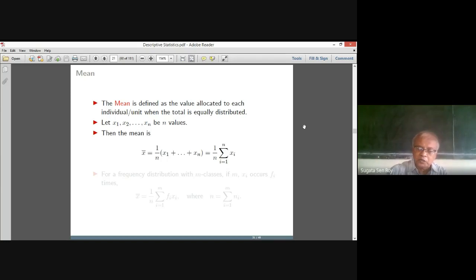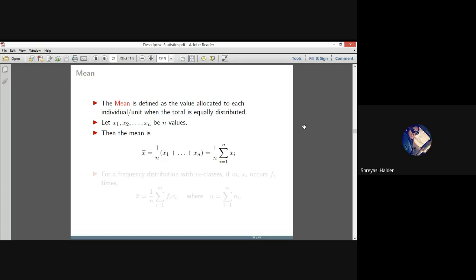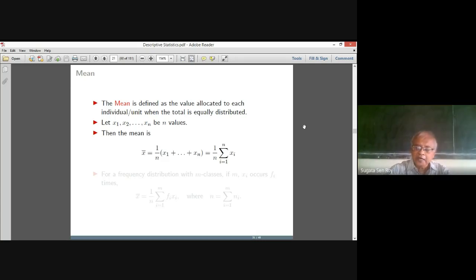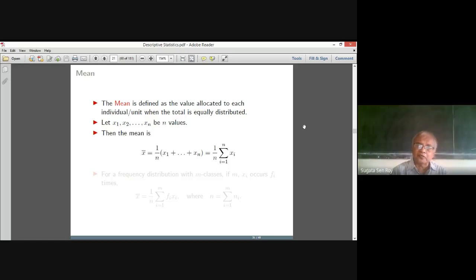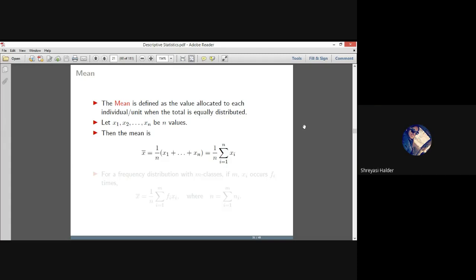Technically, mathematically, you can write it as the summation of x1, x2, up to xn divided by n, but actually it means that you are giving each individual the same value. That value is referred to as the mean value. And obviously, the mean value will be somewhere in the center. Some bring more, some bring less, and when you average this out, the value will be somewhere in the center.